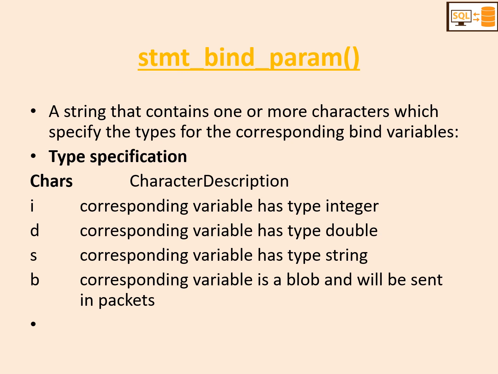S means the corresponding variable has type string. B means the corresponding variable is a blob and will be sent in packets. These are some of the notations that can be associated with statement_bind_param, and this function is used for binding variables.